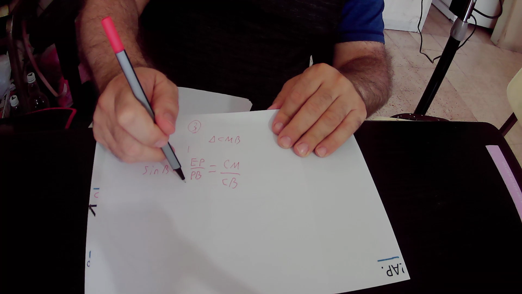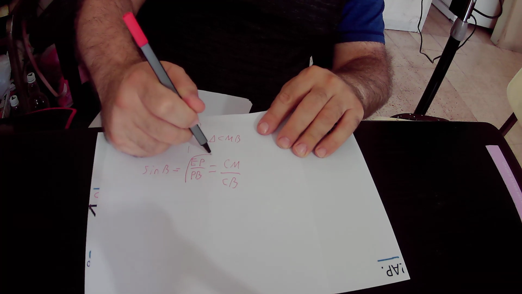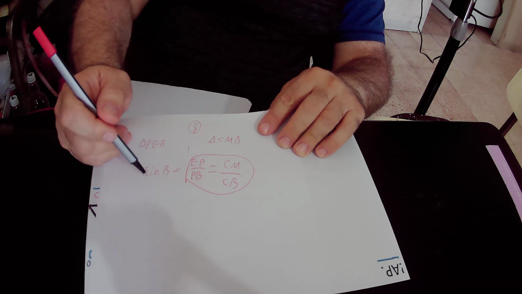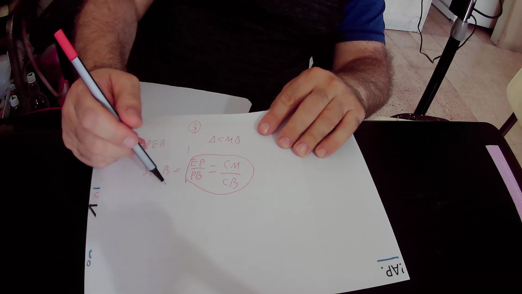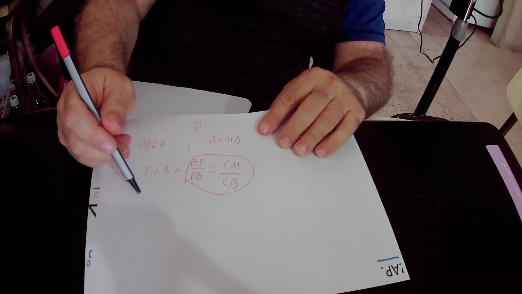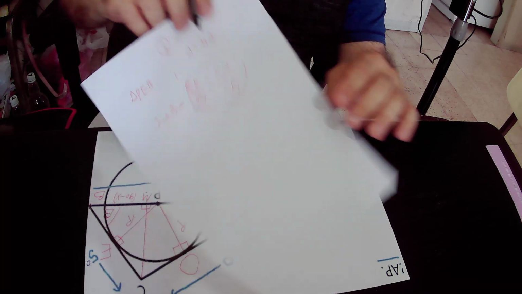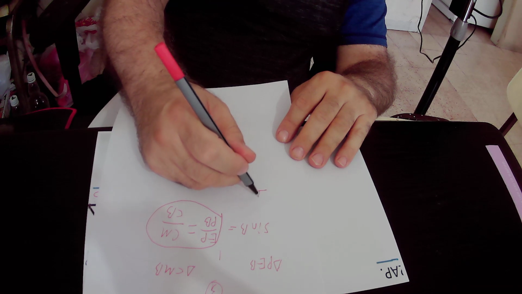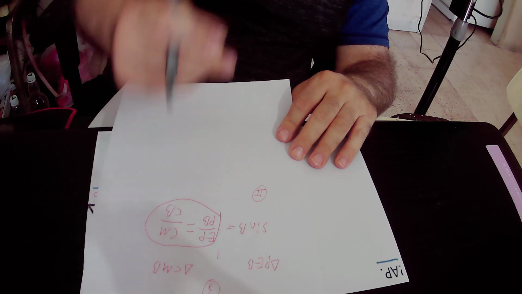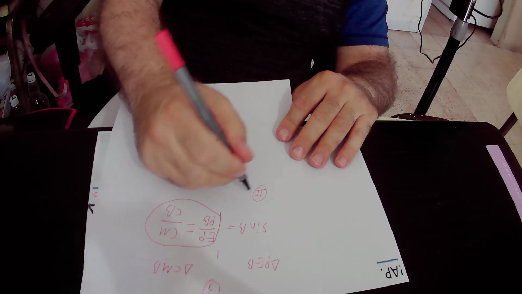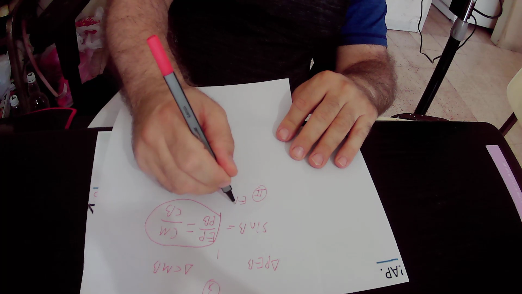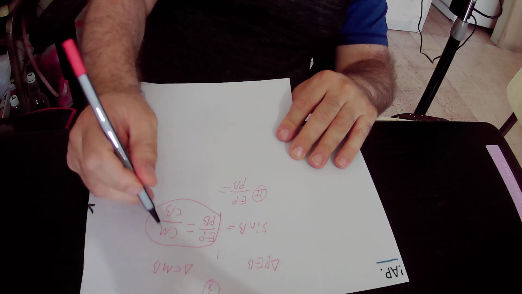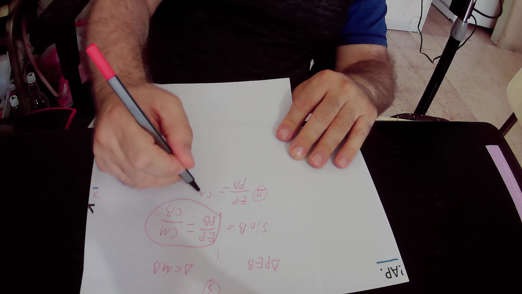Now we'll copy this equality and we will call this equality the second equation. Okay, so the second equation will be EP over PB equals CM over CB.